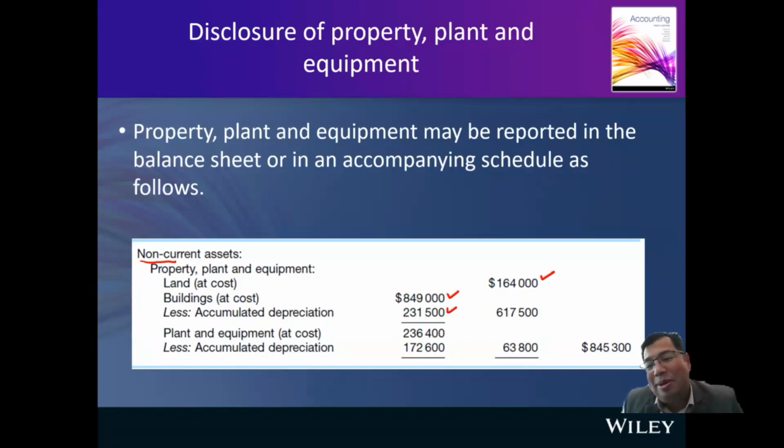That might be your argument, but maybe they have a very long useful life compared to a car. But if you don't maintain the building, it might lose value. You need to repair the building, or reconstruct the building, demolish it, and construct a new one. Otherwise, it'll be a haunted building. Plant and equipment, this is the cost, this is the accumulated depreciation. So this is the net book value. I call it the book value or carrying amount.